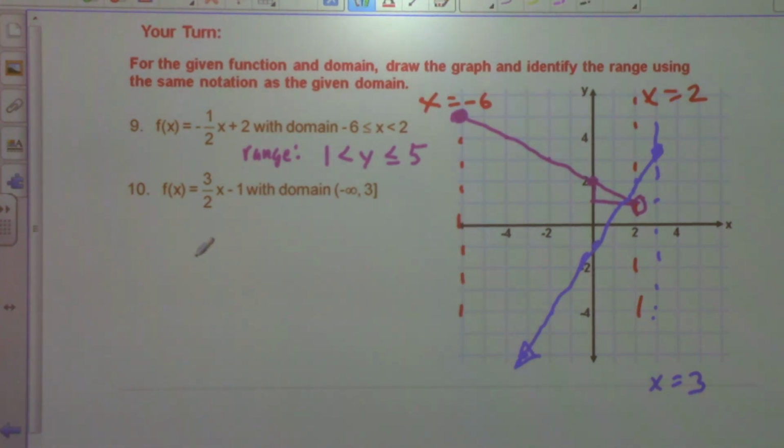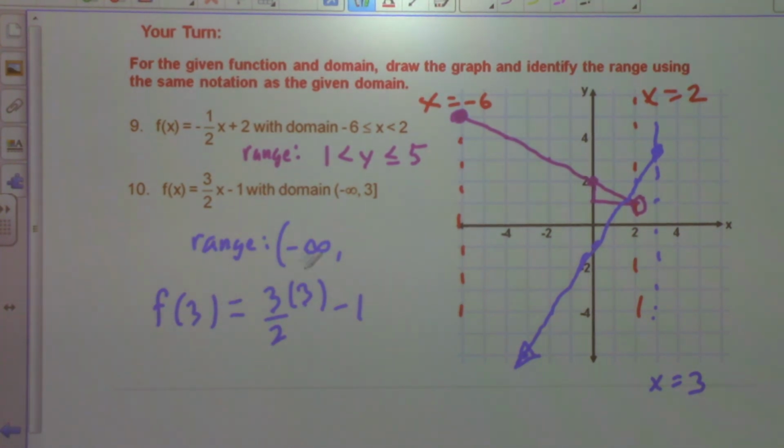And so how do we go ahead and write the range of this? Well, let's see. Well, that's 3. So let's take, we'll find f of 3 is equal to 3 halves times 3 minus 1, right?